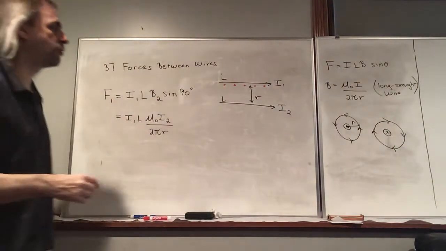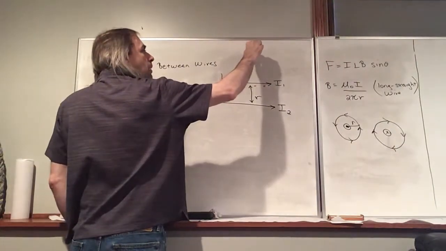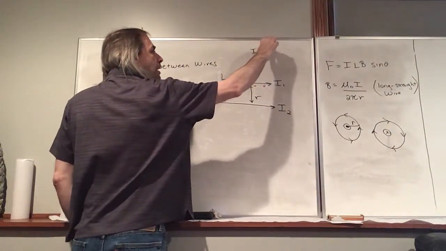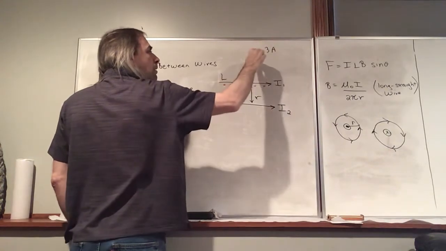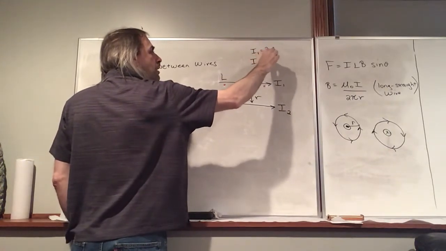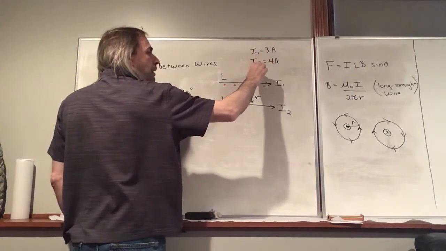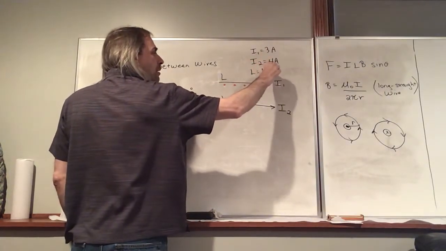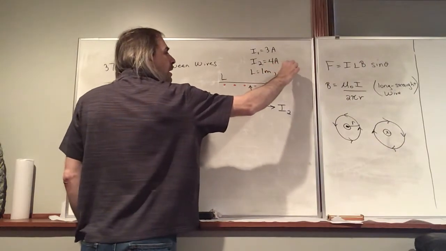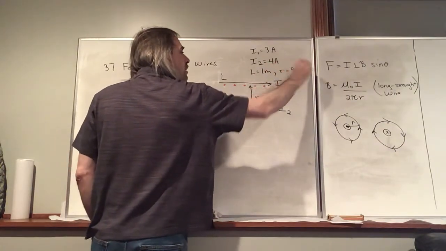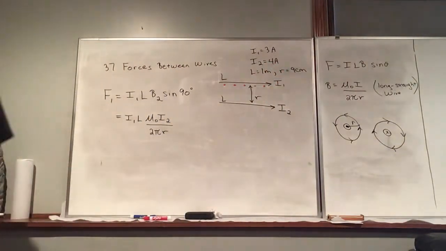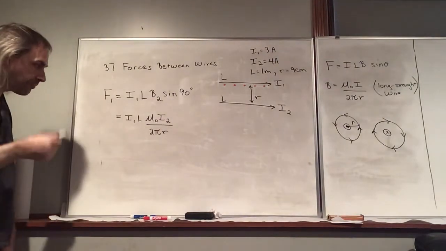Also, we'll make an actual problem out of this. Let's say I1 is 3 amps, I2 is 4 amps. Let's say L is 1 meter. Let's say R is 9 centimeters. All right, just so we have numbers to work with.